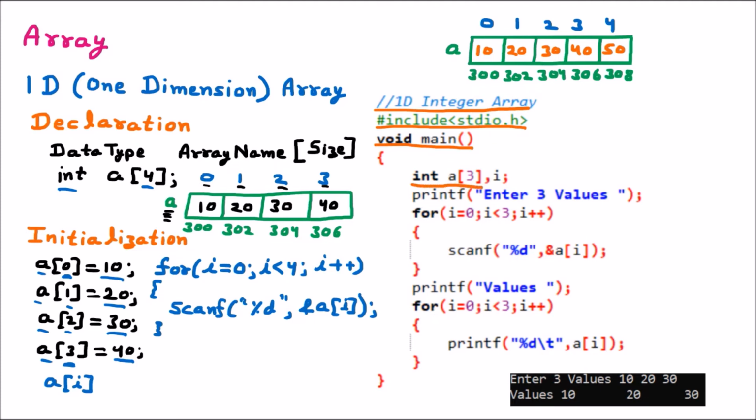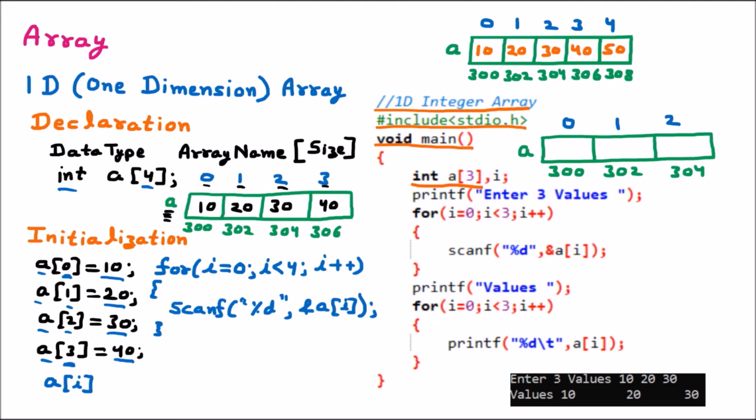That means we are going to declare an array of integer type. So in the memory we have reserved the 3 blocks. The name of array is A. And here let's say the address is starting with 300 and integer consumed 2 bytes. So 302 and 304. Array have the index values. So here 0, 1, 2, these are the index values.